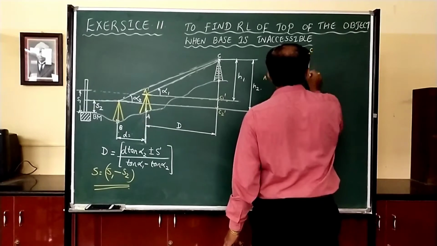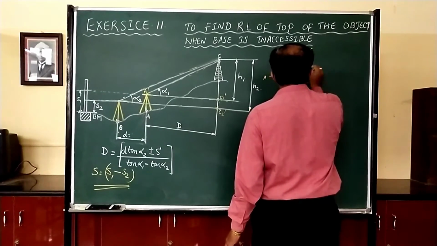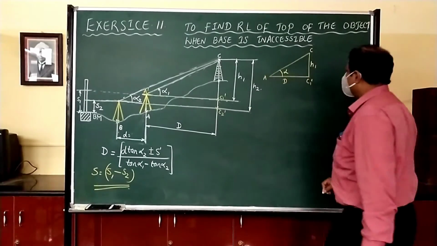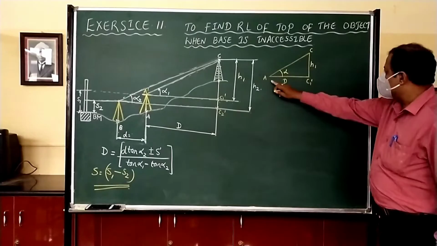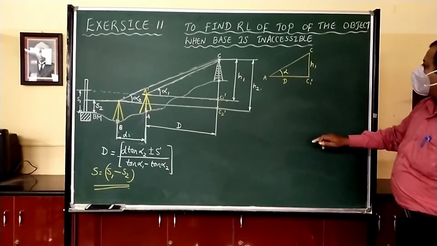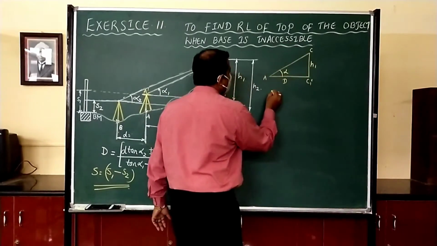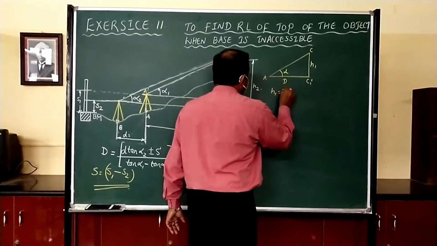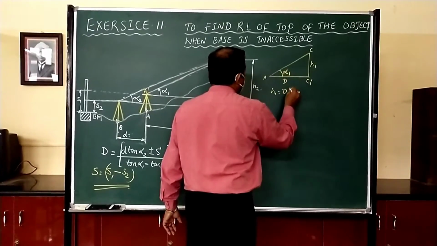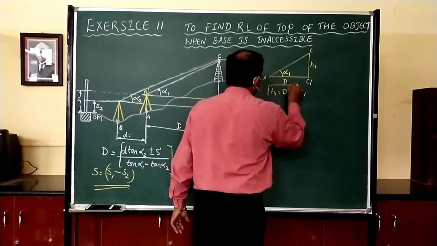This distance is D, this is H1, and this angle is alpha 1. So H1 is equal to D tan alpha 1.